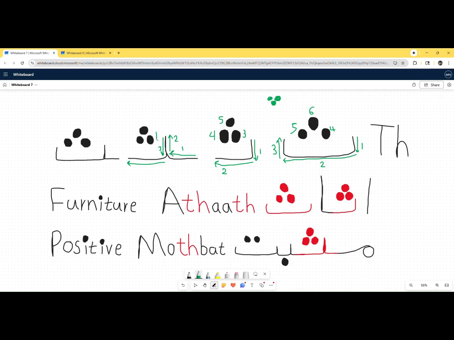And then you do the 3 dots as usual: 1, 2, and 3. Similarly, you do the same thing with the last ending shape: right to left, bottom to top, top to bottom, then right to left, and then bottom to top.